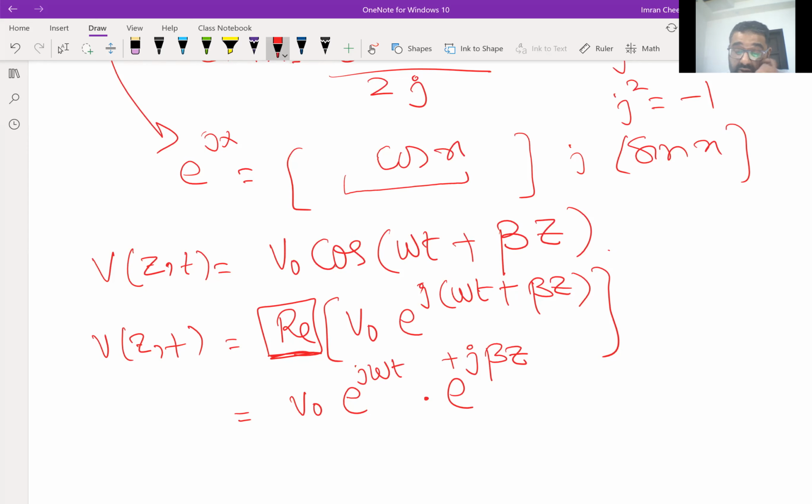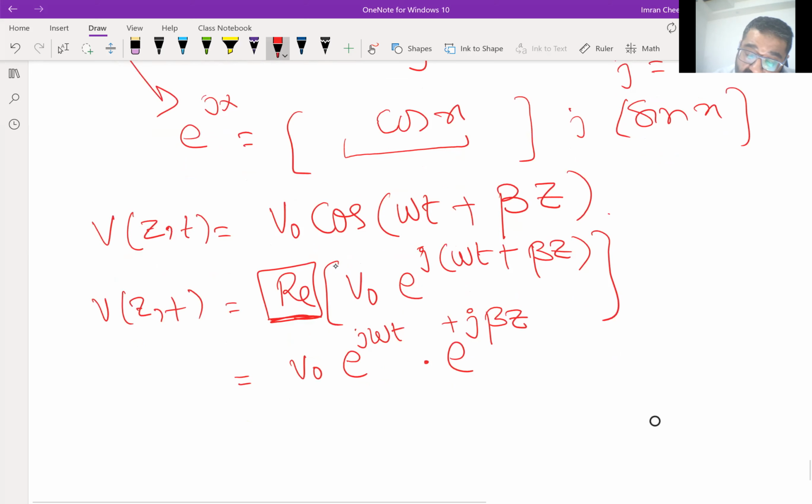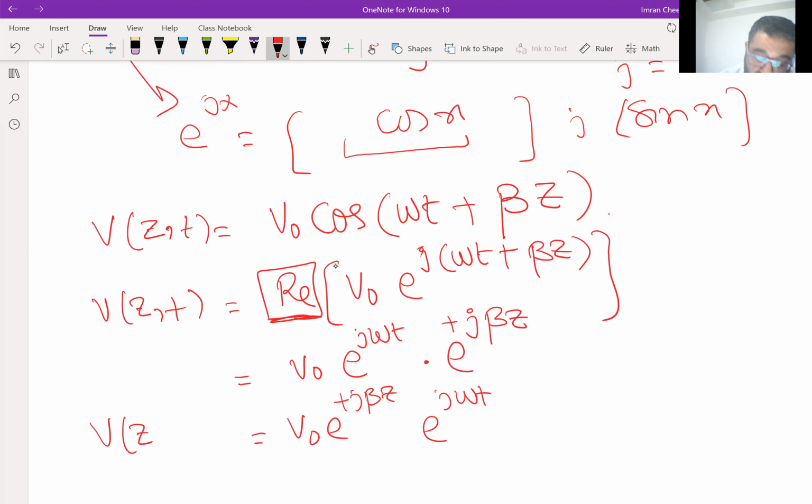ठीक हो गया? So I actually represented this v(z,t) with e^(+j beta z) and e^(j omega t), the sinusoidal function, in the exponential form by using the Euler identity, and this makes the analysis very, very straightforward.